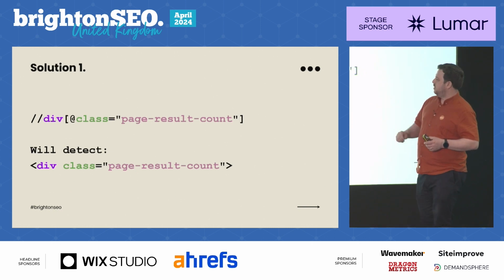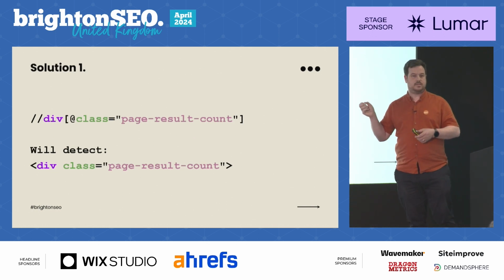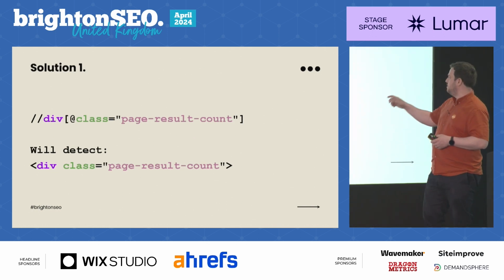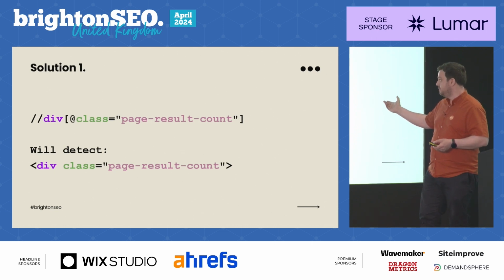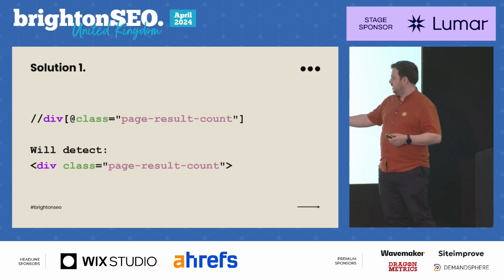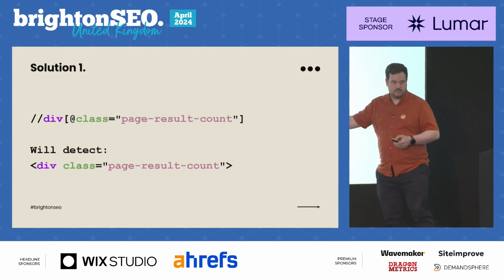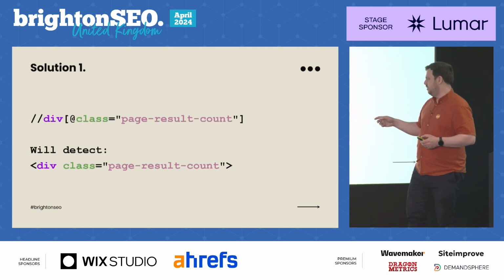Then you open your brackets and put @class, which in this case is the attribute type, equals your attribute value, in this case page result count. That will detect anything that is contained within this HTML tag, and only this HTML tag. Now, you might have other attributes in here as well, but let's keep it simple.